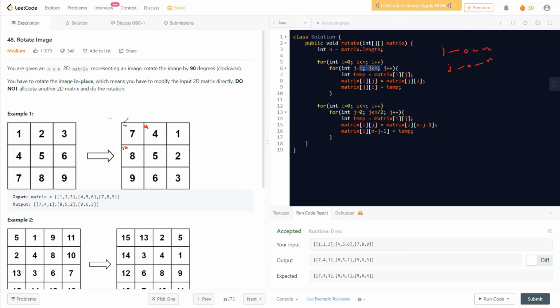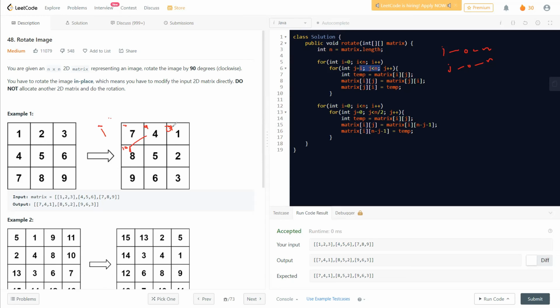The first time, i is 0 and j is 0, so it swaps with nothing. Then i is 0 and j becomes 1, so it's 0 1, and we swap it with 1 0. So a swap happens when i is 0 and j is 1.